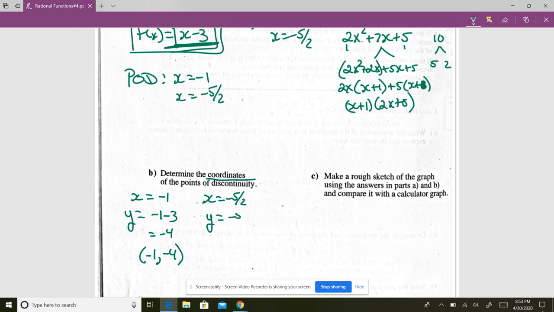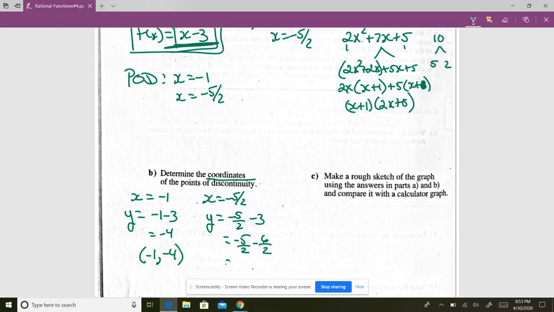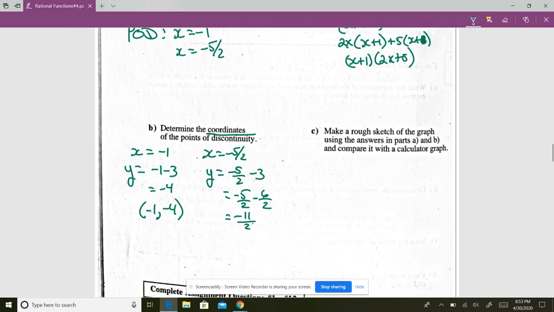Y will equal negative 5 halves minus 3. Make a common denominator. So the 3 becomes negative 6 over 2. Subtract the numerators, negative 11 over 2. So the coordinates of that point of discontinuity are negative 5 halves, negative 11 over 2.